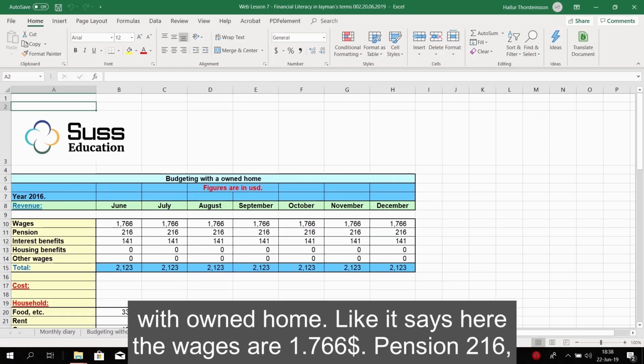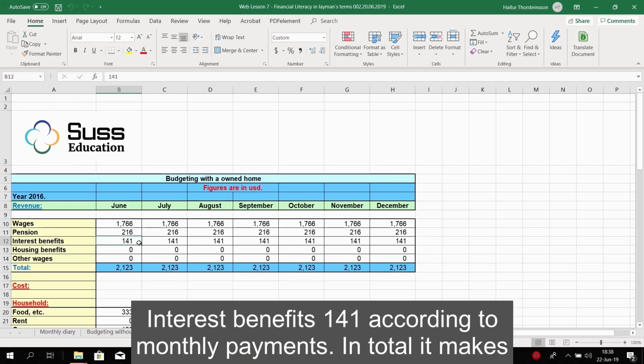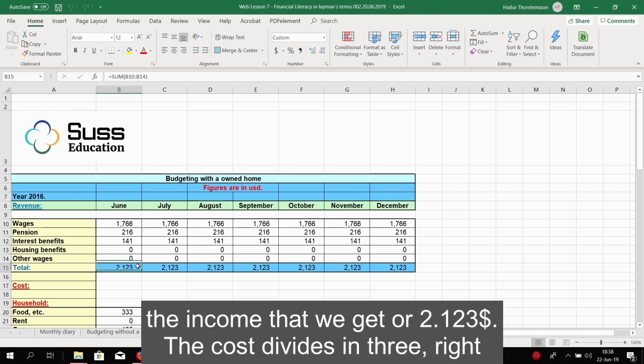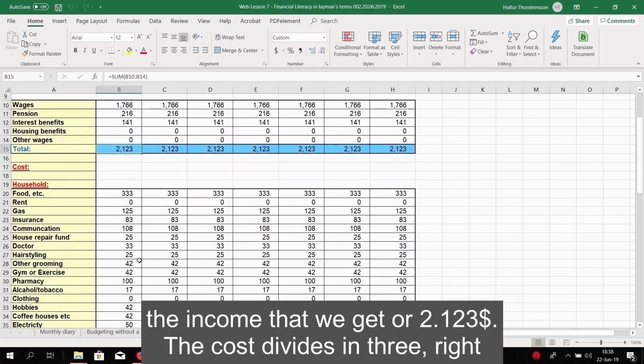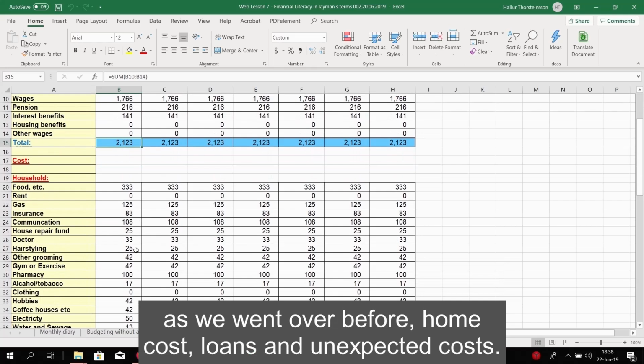Like it says here, the wages are 1,766, pension 216, interest benefits 141 according to the monthly payments. In total it makes income that we get, or $2,123. The cost divides in 3, right as we went over before: home costs, loans, and unexpected costs.